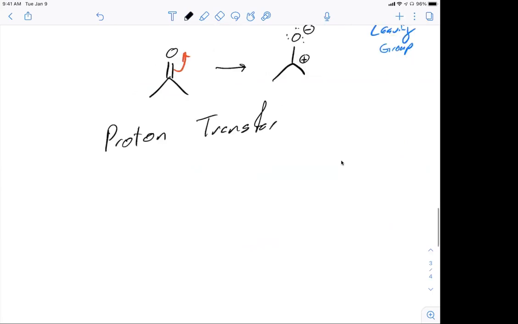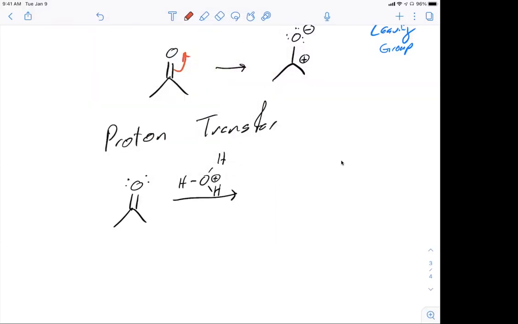Proton transfer. So here again, we have our carbonyl, which is both electrophile and nucleophile in the same species. But in this case, what we're adding is this electrophile or acid, right?